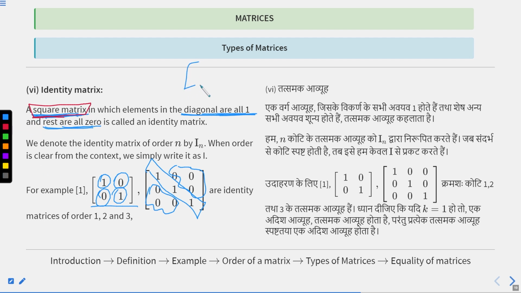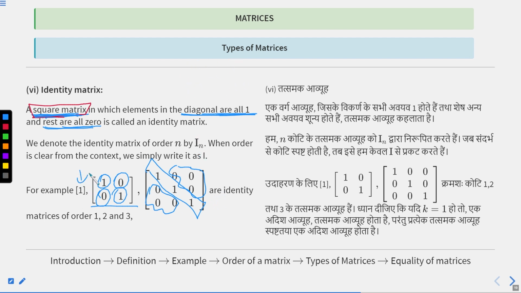You cannot say that this, 0 1 1, is an identity matrix. Why? Because this does not satisfy the first thing, which is square matrix. This is not a square matrix, so not identity. I hope that it is clear.